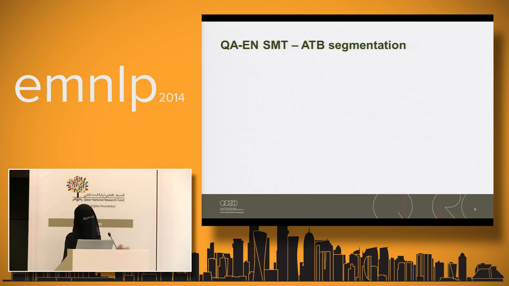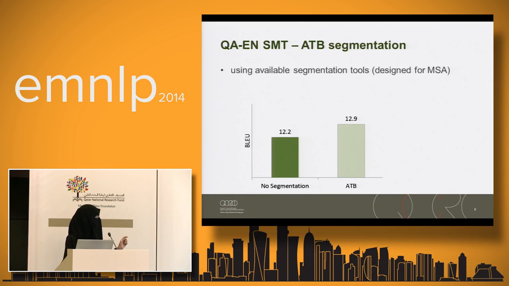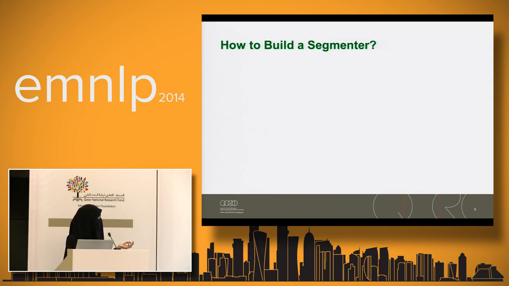Then, knowing that segmentation should improve the translation quality of our system, we started by using available segmenters, which are mainly designed for Modern Standard Arabic, and we got some improvement of 0.7. Then we decided to build our own segmenters for dialects.